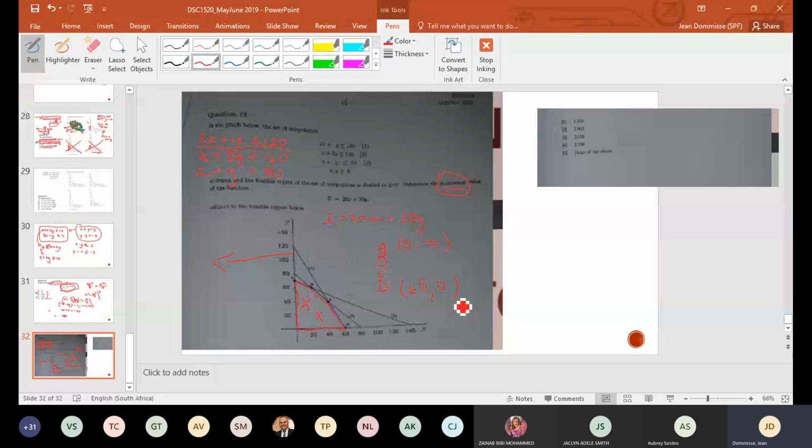So I will first use the 0 and 70 and the 60 and 0. For the other points, I will need to say the second equation is equal to the third equation to get me that point, and the third equation is equal to the first equation to get me that point. So a lot of work that I need to do.